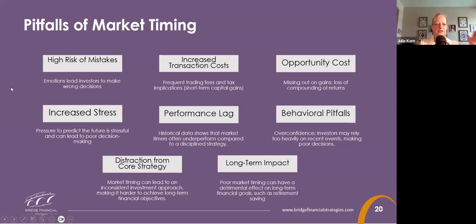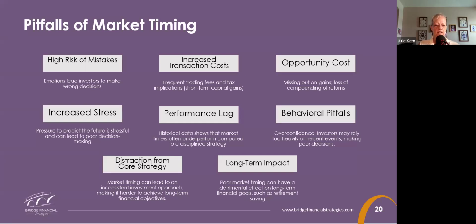In the first year you get a return, and then in the second year you get a return plus a return on your return, and that's the compounding that you miss out on if you miss being in that first year. Increased stress: it's incredibly stressful to be trying to guess what's going to be going on in the market tomorrow.